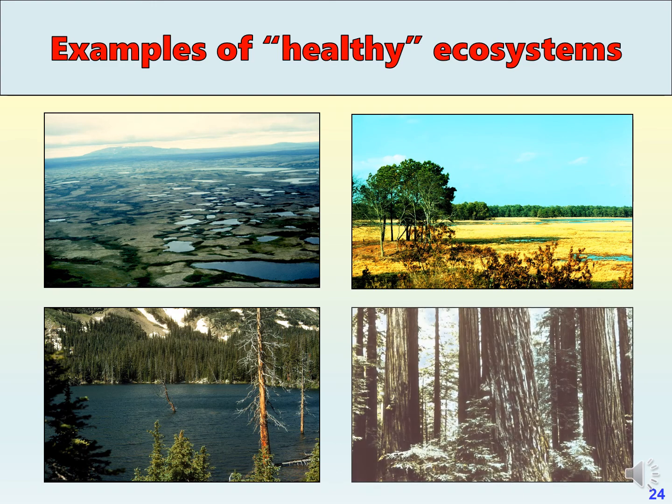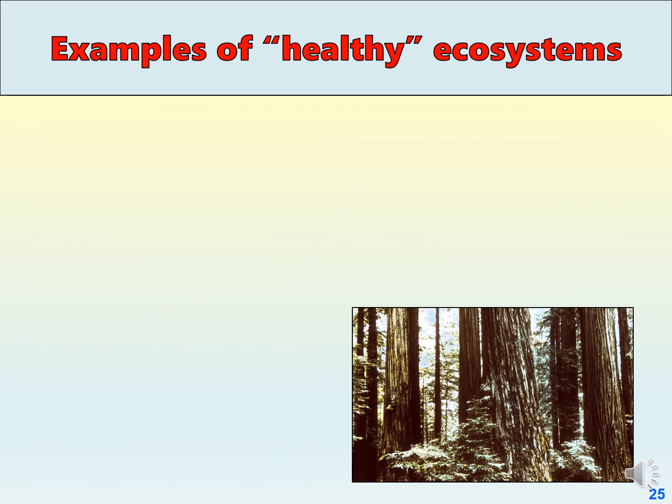Closer to Corvallis, here's an example of old-growth forest, and spotted owls like this kind of habitat. Other bird species that like old-growth forest do well, and the species that normally do well in old-growth forests are doing well here. But let's look at this ecosystem. It does have the characteristics of an old-growth forest, and the species that you expect to be there are there.